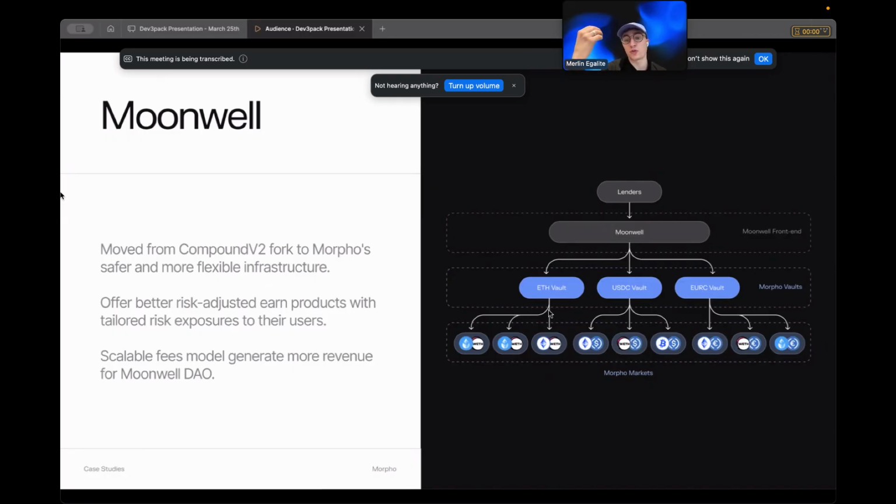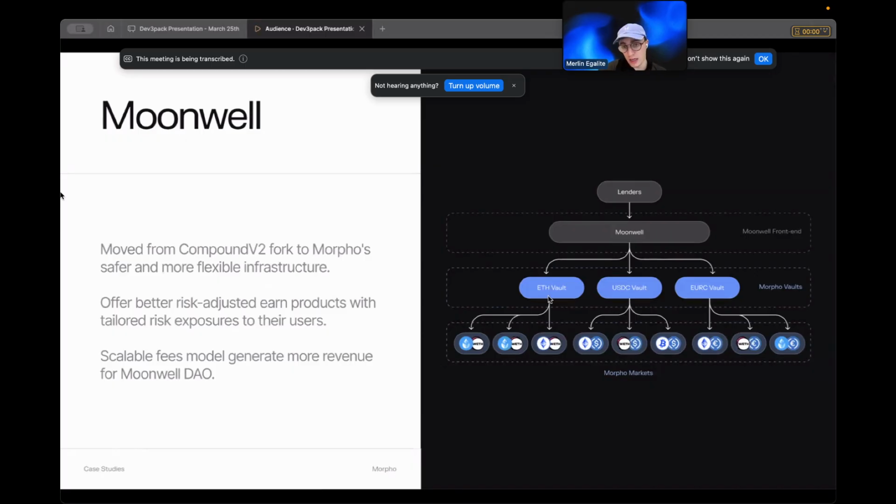You want people to be able to react to that, right? So the time lock gives users time to react in case there's a market with which they are not comfortable, so that they can exit the vault. So the curator role can add new markets. It's subjected to a time lock.